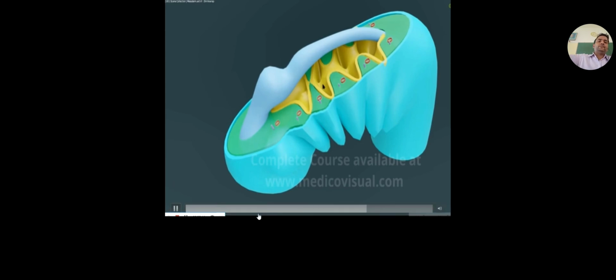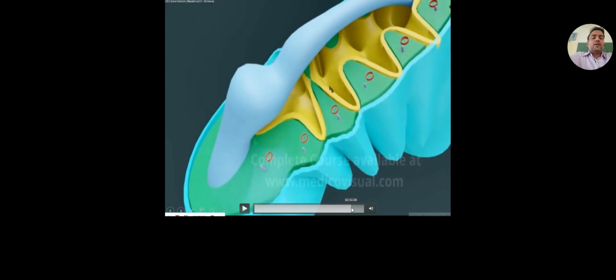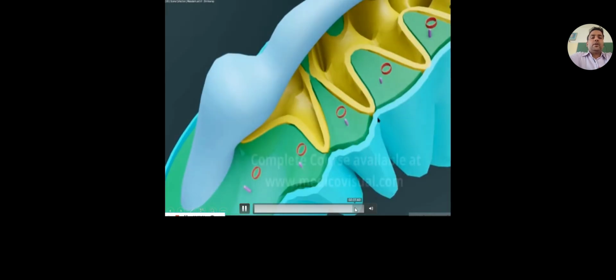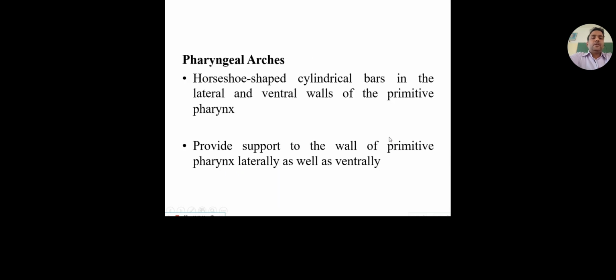We'll come to that. What are the different components of each arch? You'll have a cartilage component, a mesodermal component, an arterial component, and a neuronal component, which give rise to different parts. So in the schematic diagram, this is the pharyngeal apparatus in coronal section. You can see horseshoe-shaped cylindrical bars, lateral and ventral to the primitive pharynx.